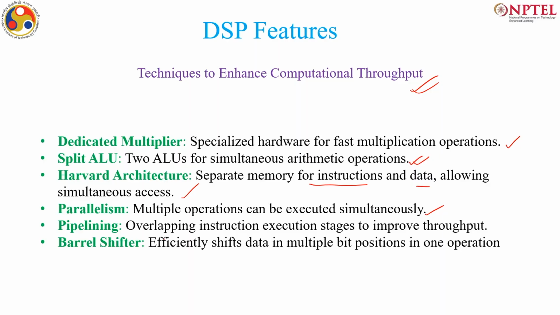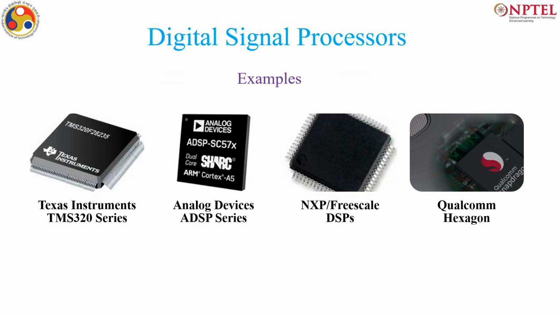Another thing is pipelining, which I discussed, that is overlapping instruction execution with stages. And then there is also something called a barrel shifter, a circular shifter which can shift not only a single bit but multiple bits in one clock cycle. Let us understand what these are, but before that, these are some examples of real world DSPs.